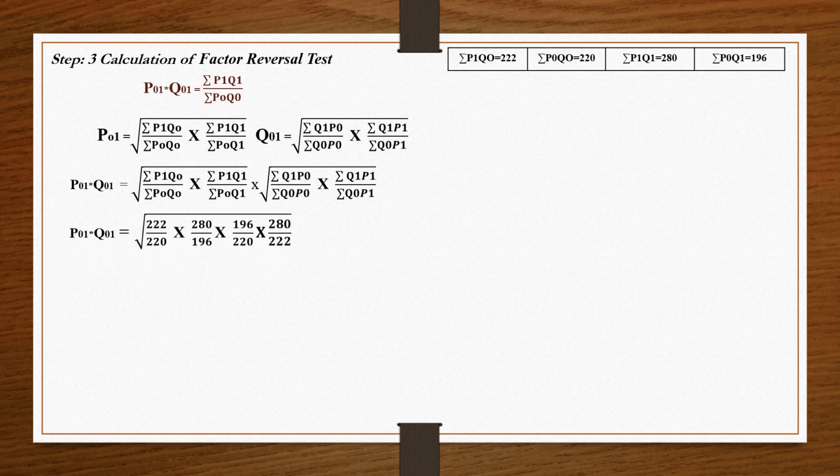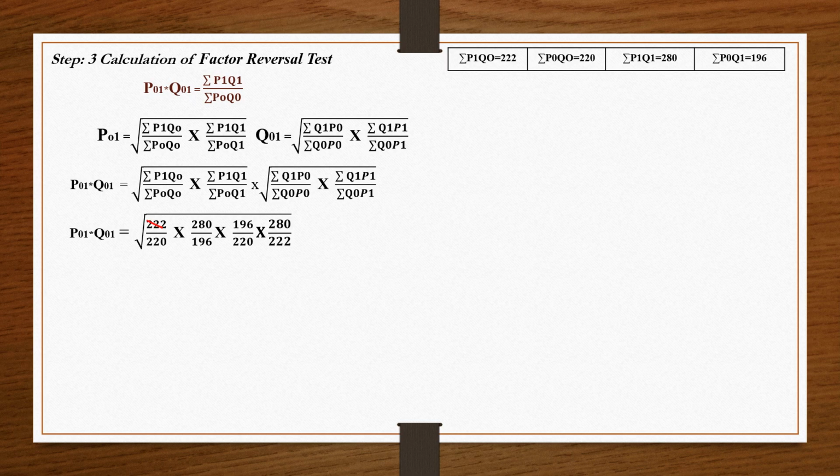So we are getting, under one root, P01 into Q01 is equal to summation of P1 Q0, 222, divided by summation of P0 Q0, 220, into summation of P1 Q1, 280, divided by summation of P0 Q1, 196, into summation of Q1 P0, 196, divided by summation of Q0 P0, 220, into summation of Q1 P1, 280, divided by summation of Q0 P1, 222. Here, whatever is similar in numerator and denominator we cancel.